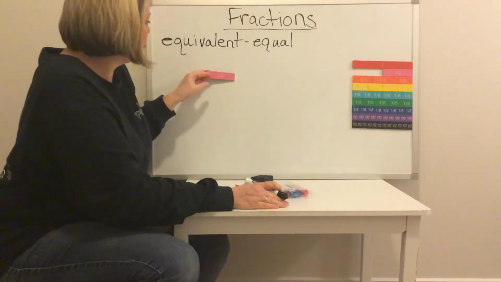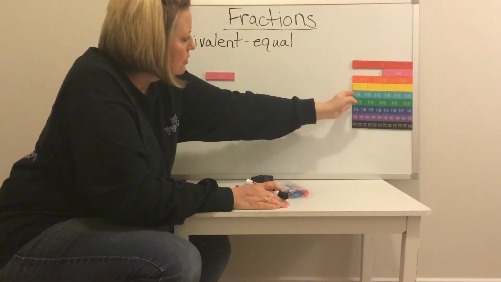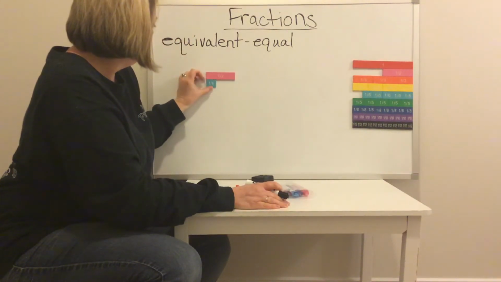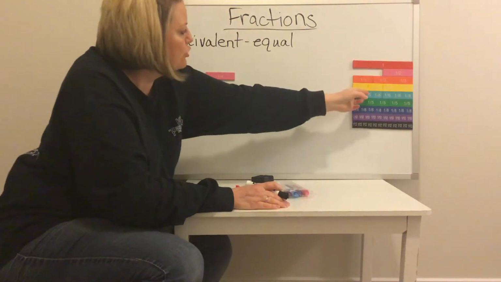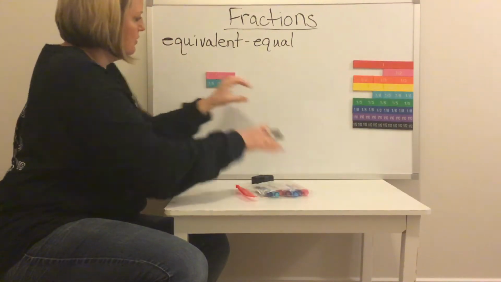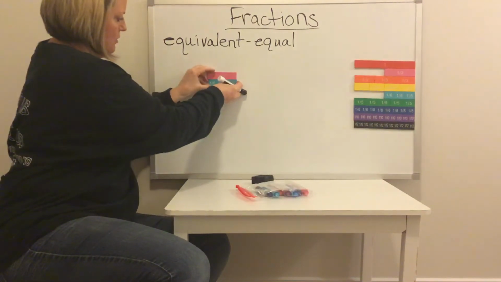So what I first want to do is, if I have two fraction strips that are equal to one another, they are the same size, like this, okay?